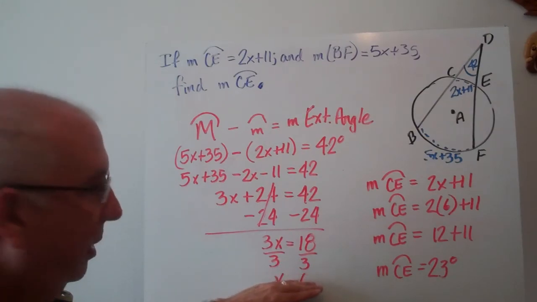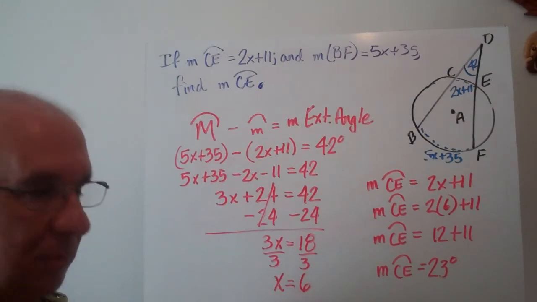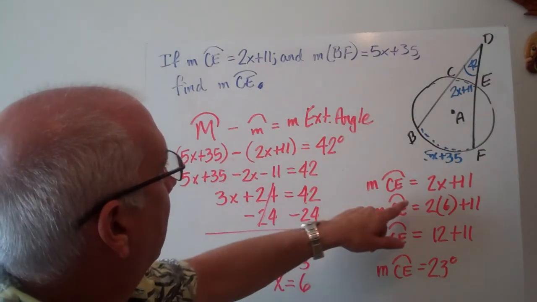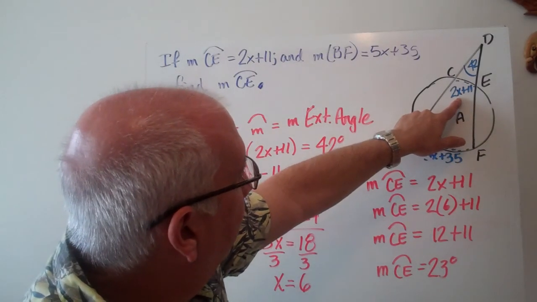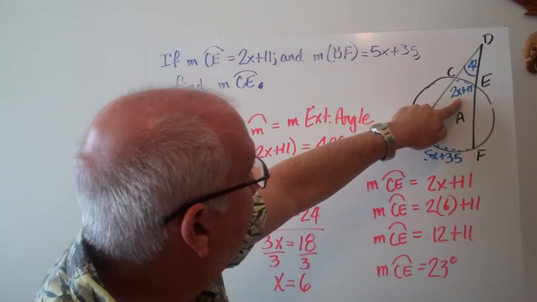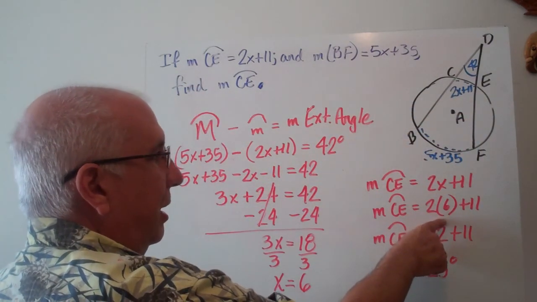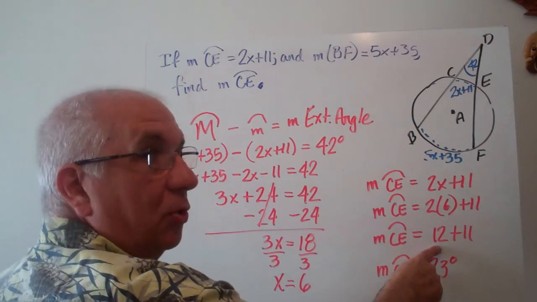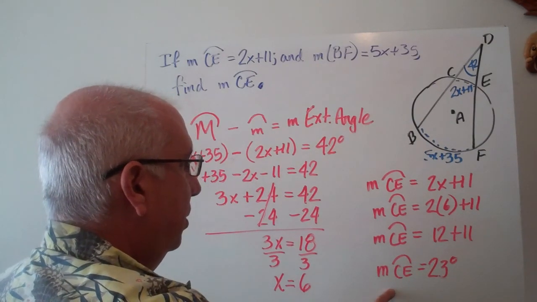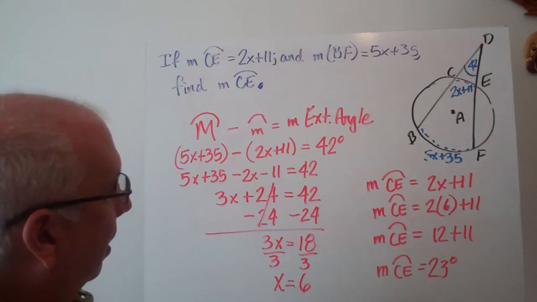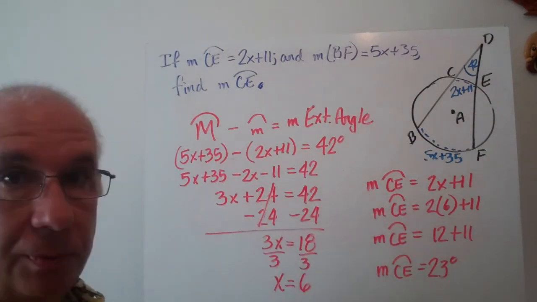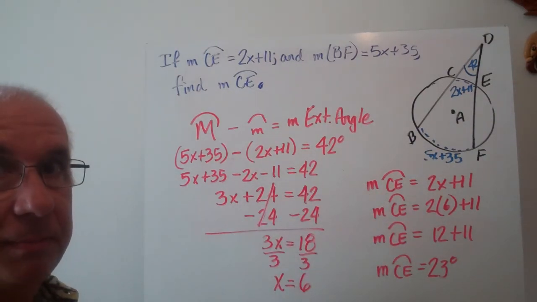Divide both sides by 3, x is equal to 6. Still not done. So next we substitute x into what we're looking for, which is this segment here. So 2 times 6 plus 11 gives us 12 plus 11. So the measure of arc CE is equal to 23 degrees.